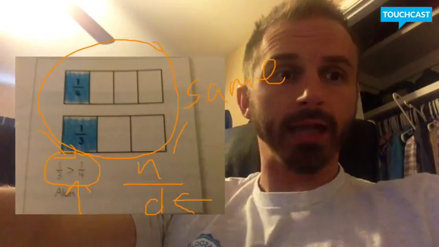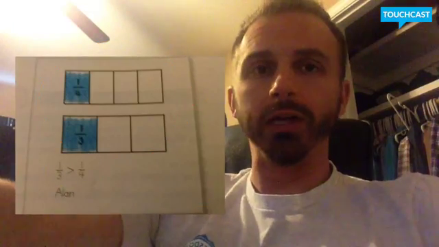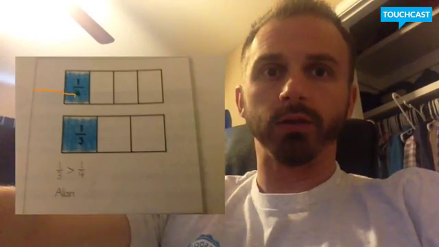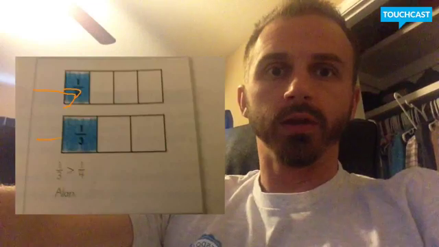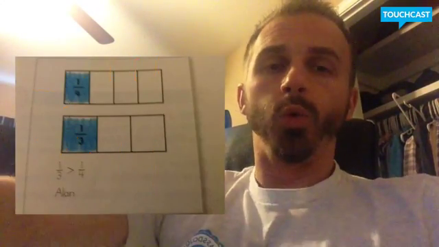I'm going to clear my board here. When we're looking at the numbers, here we have 1/4, here we have 1/3, and we're looking at 1, 2, 3 parts in this fraction model, and 1, 2, 3, 4 parts in that fraction model. Now we can see which one is larger.